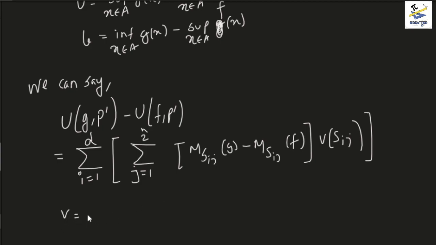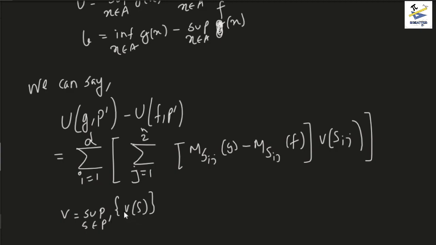And here obviously v is the supremum over S belonging to p prime of v of S. So v here denotes the supremum of the set of the volumes of the subrectangles S, which belong to p prime, obviously.